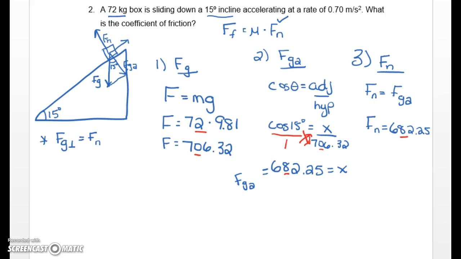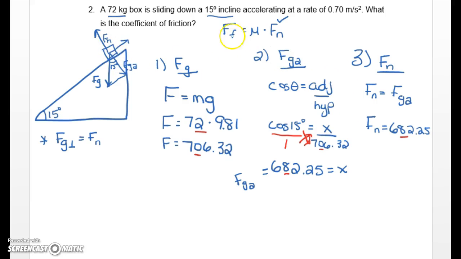Okay, so in order to find this frictional force, this is where things get a little bit tricky, so make sure you follow along with what's going on here. Finding this normal force wasn't too bad because we know that the normal force and that gravitational force were equal.